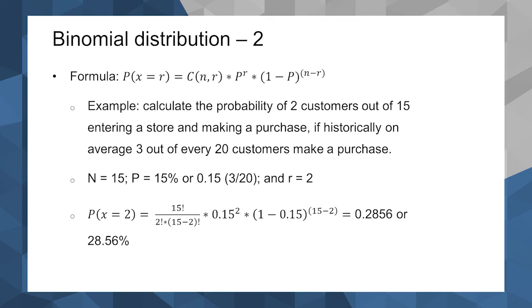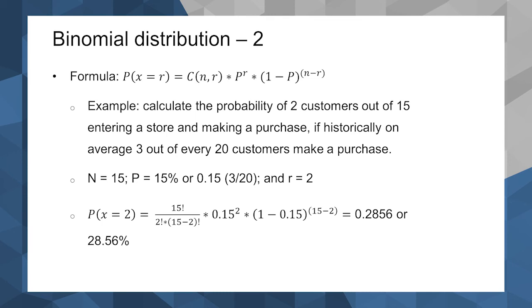So in this case, we have n, which is 15, number of trials, r, which is 2, the number of successes that we are trying to calculate the probability of, and we need to know the probability of success. That we're going to get using either the frequentist or the subjective view.